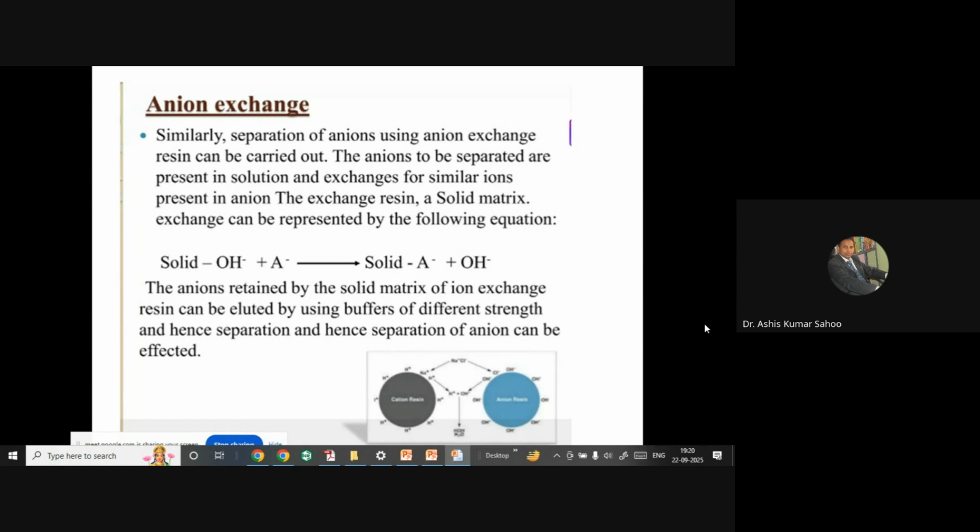The anions retained by the solid matrix of the ion exchanger can be eluted by using buffers of different strength, hence separation.